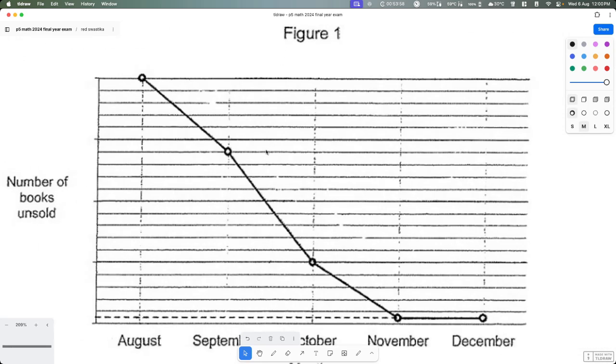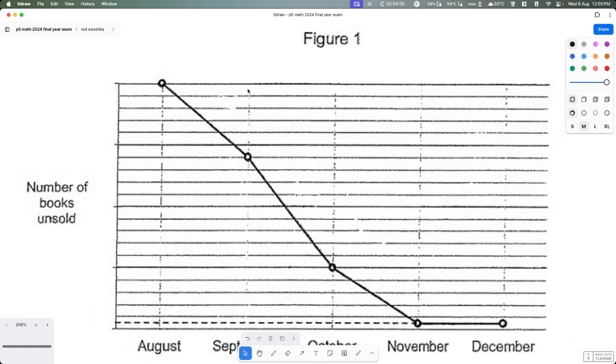So in this case, we can count the number of gaps. So I'm going to put here the number of gaps. Right now we have 1, 2, 3, 4, 5, 6. So this is the number sold. Let me try again: 1, 2, 3, 4, 5, 6.